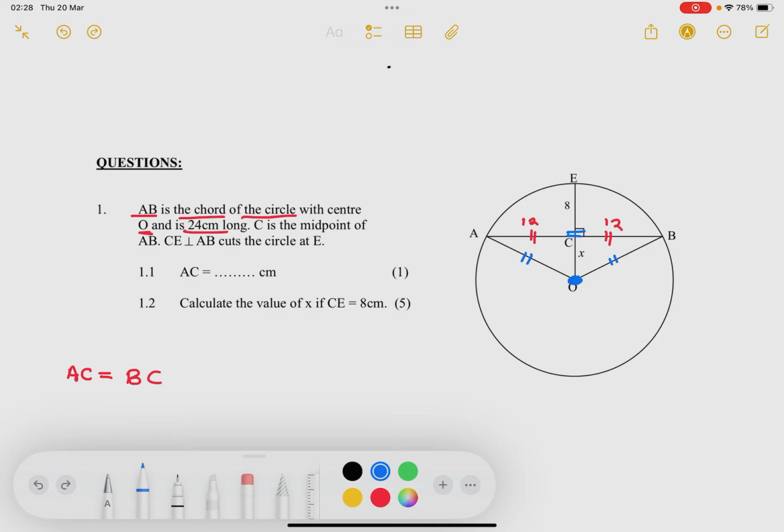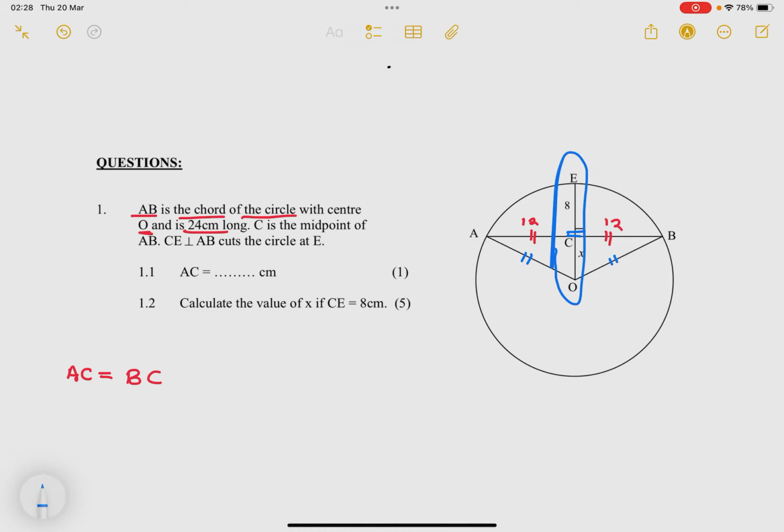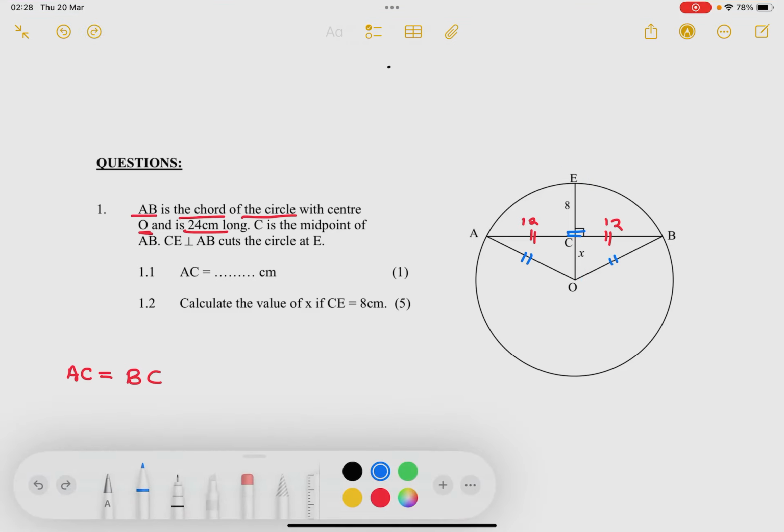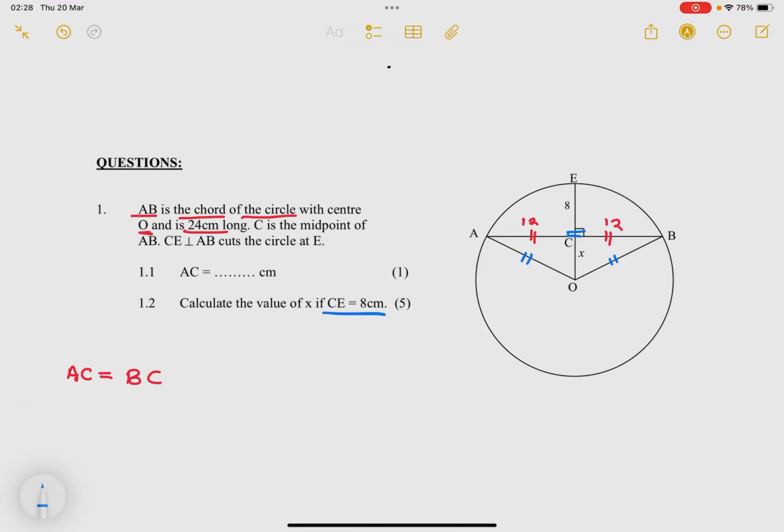We are being told that OF actually equals to what? In fact, let me just do it like this. If you check 1.2 here, I shouldn't have done that, but let me just do it. We are being told that CE equals 8 centimeter.